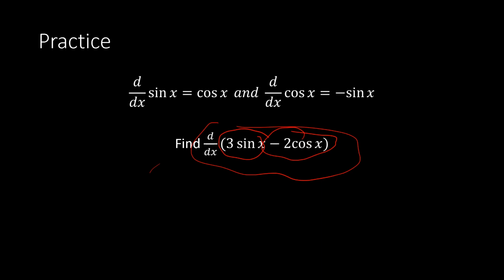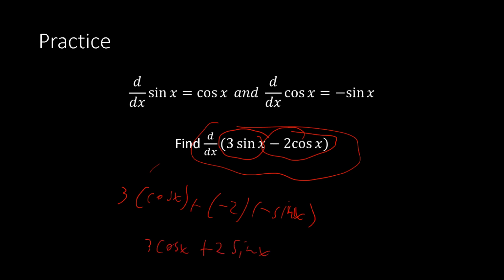The derivative of 3 sine of x is going to be 3 times the derivative of sine of x, which is cosine of x. Then, again using our constant multiple rule, we're going to add negative 2 times the derivative of cosine of x, which is negative sine of x. I'm just going to distribute, so we have 3 cosine of x plus 2 sine of x, and that's our answer.